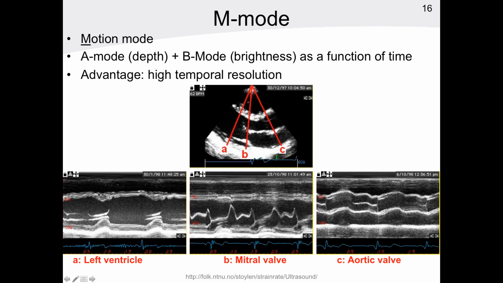Anything that along the horizontal doesn't change very much is an indication that that tissue isn't moving. However, when the tissue is moving with time, we see a change in waveform. Here, the left ventricular wall, here, the mitral valve, and on the right, the aortic valve is moving. Analyzing these can help us to identify different diseases and disorders of the heart.